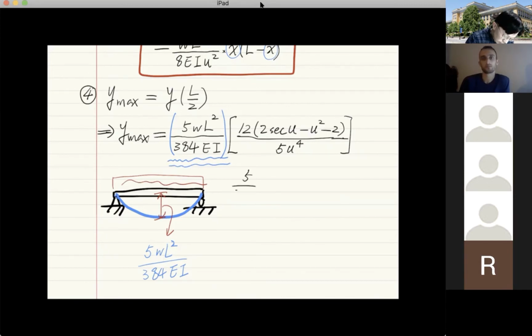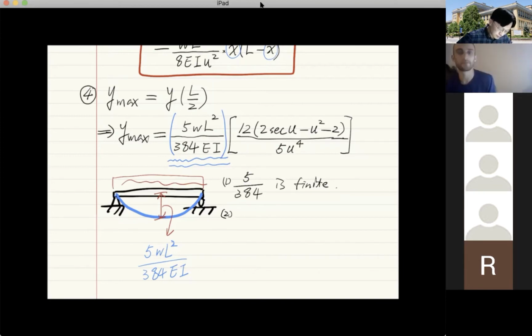How can this approach infinity? Well, let's not give up that easily. But the WL squared, that could be, because imagine if the beam is too long and the weight is too high, then that can drive it up as well.